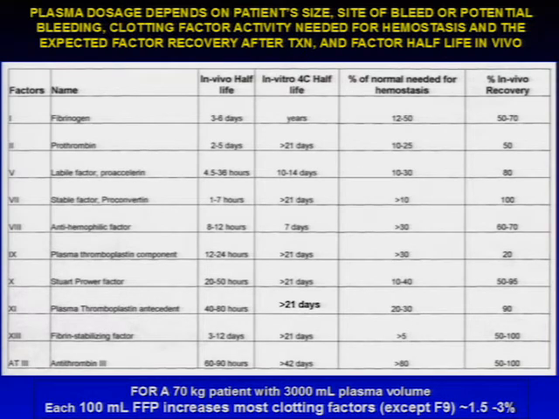A 250 milliliter unit of plasma may be able to provide about 200 units of procoagulant activity. So I do want to, again, stress the importance of the shortest-acting half-life procoagulant, which is factor 7.